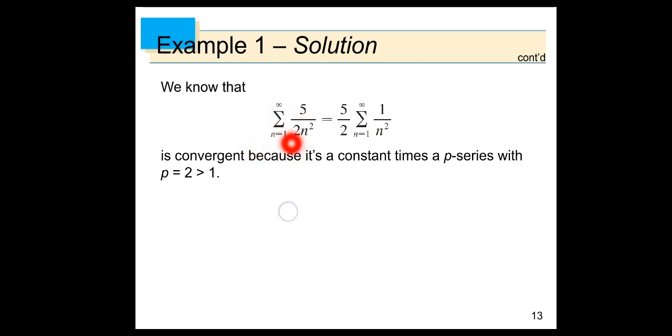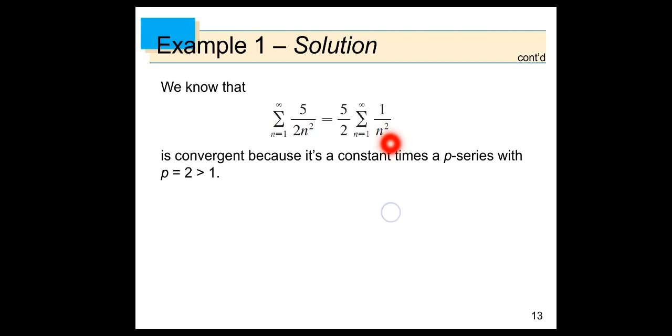Now we have the sum of 5 over 2n², where n is equal to 1 and goes towards infinity, right? Now we take this constant out, 5 over 2, times the sum from n equals 1 to infinity of 1 over n². Now it is convergent. Why is it convergent? Because the value of p is actually 2, right?